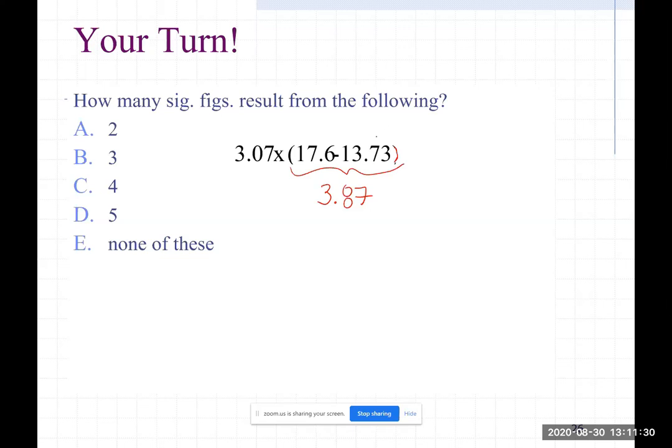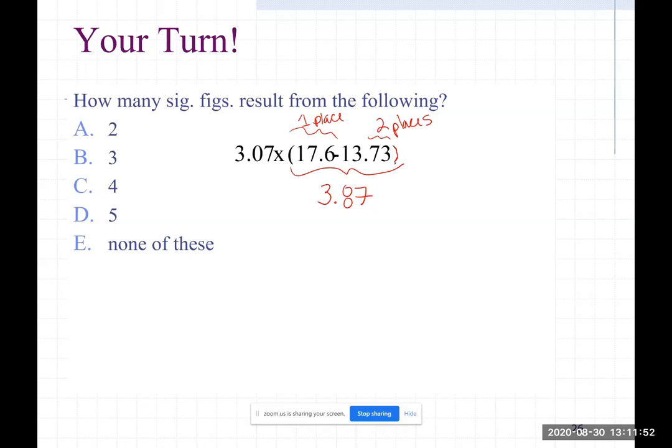Well, 13.73 has 2 places to the right of the decimal. And 17.6 has 1 place to the right of the decimal. So that means our answer will have to have only 1 place to the right of the decimal.